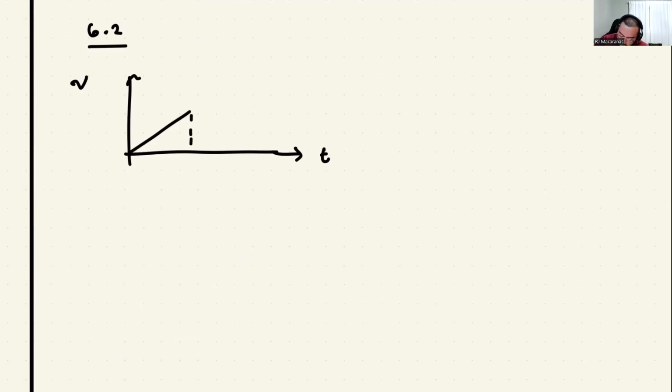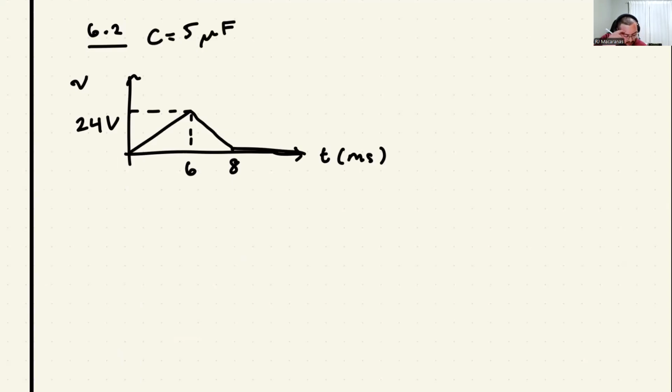At time t equals 6 milliseconds, the voltage has reached 24 volts. And then it starts to decline back down to zero, and it reaches zero at time 8 milliseconds. Again, this is for a 5 microfarad capacitor, and we want to determine the current waveform.